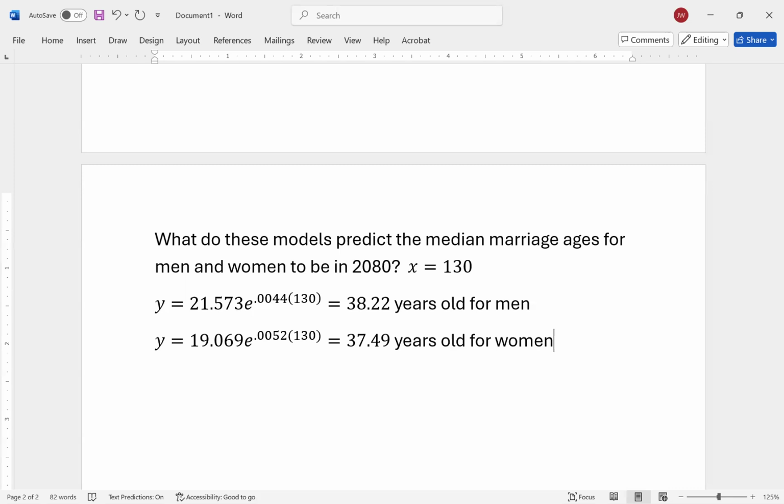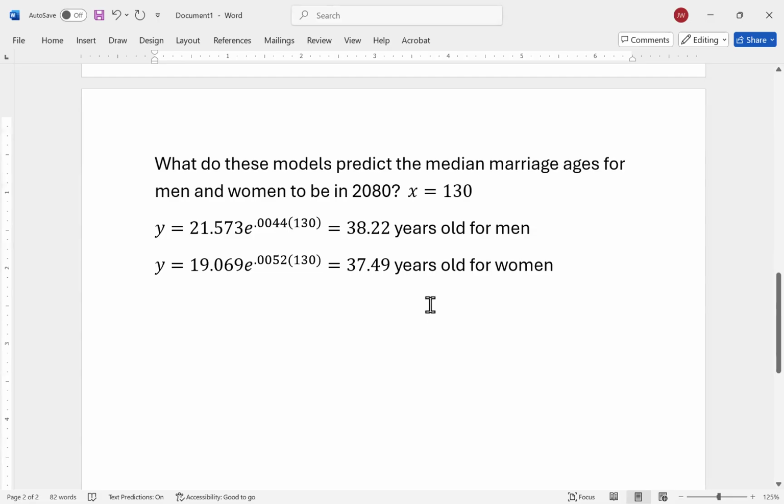So based on this trend, it would look like in 2080 that men would see their first marriage, the median age of first marriage, at 38.22 years old, and women would see the median age of first marriage to be about 37.49.